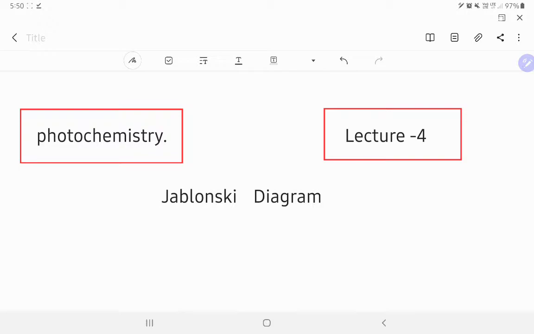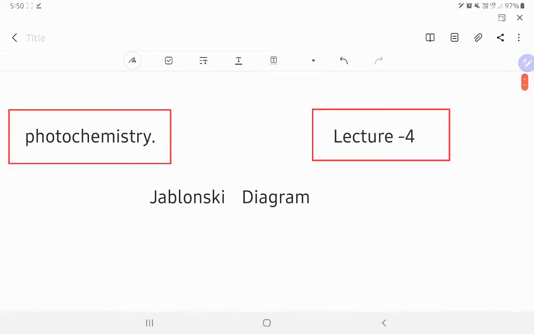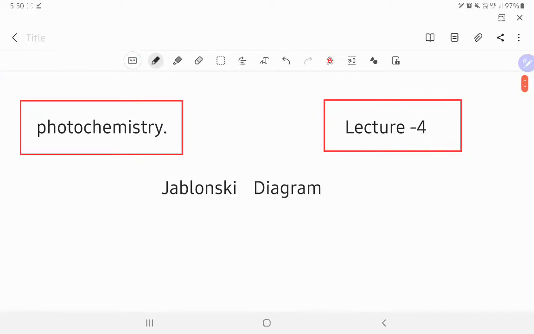Okay, in this lecture of photochemistry, we will go for the Jablonski diagram. This Jablonski diagram explains different photophysical phenomena taking place in the excited state. We know a molecule absorbs a quantum of radiation, a quantum of energy, and it gets excited to a higher energy state.